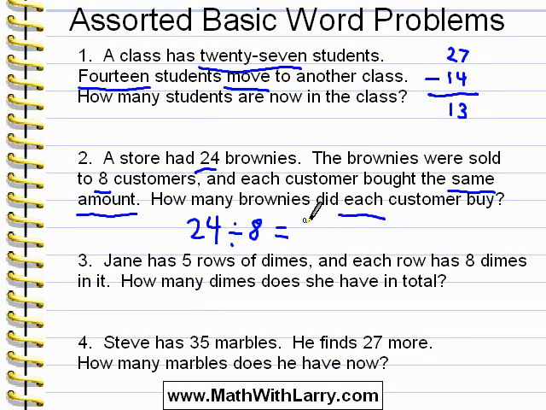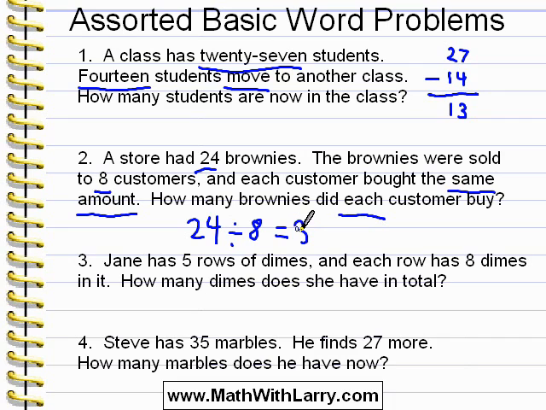Think in terms of multiplication. 8 times what number equals 24? So how many brownies did each customer get? And you can use a multiplication table or just basic multiplication to see that 8 times 3 gives you 24. That means that when we divide the 24 brownies equally among 8 people, each person gets 3 brownies apiece.